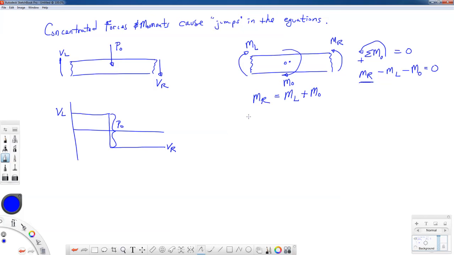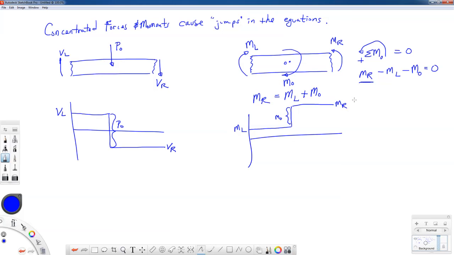What that means is when I have my moment diagram and I'm moving from my left with the moment on the left as a certain value, when I hit the applied moment in this clockwise direction, it jumps up by the value of M0, and it continues on with the value MR until something else happens.